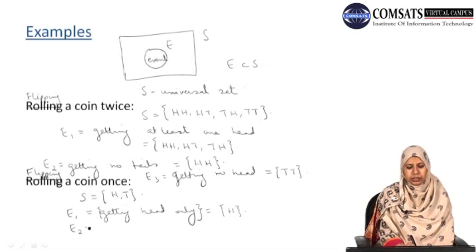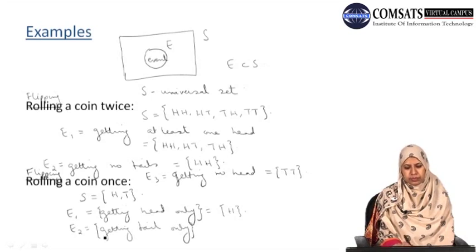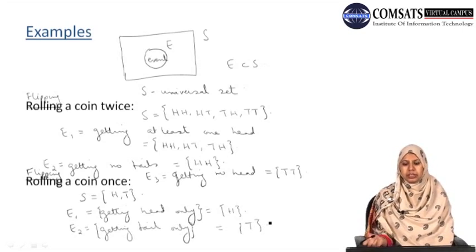Similarly, we can define our event as getting tail only, which means that in this case our possible outcome from our sample space will be the tail.